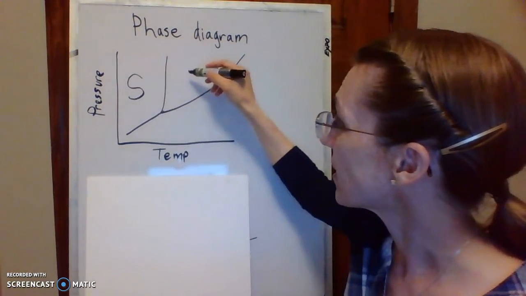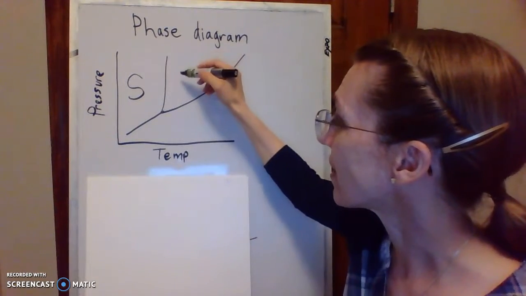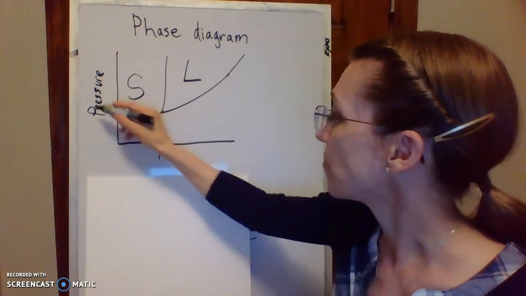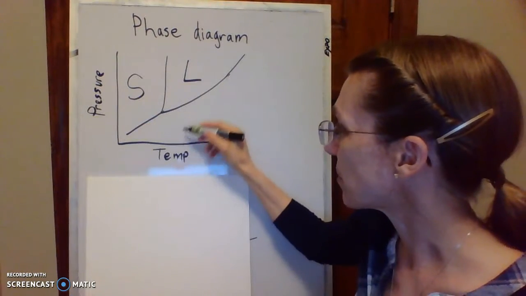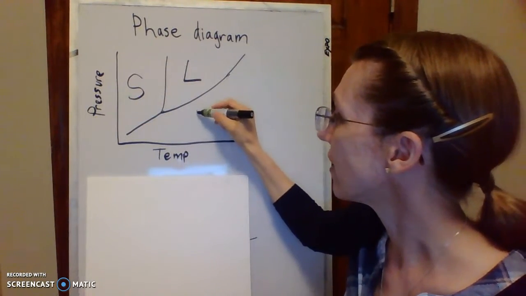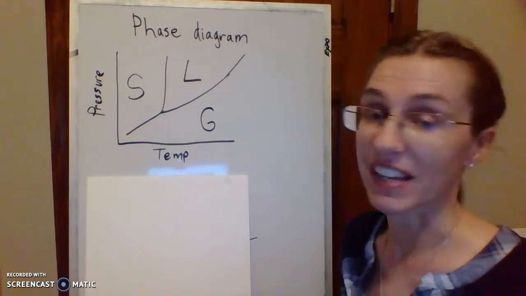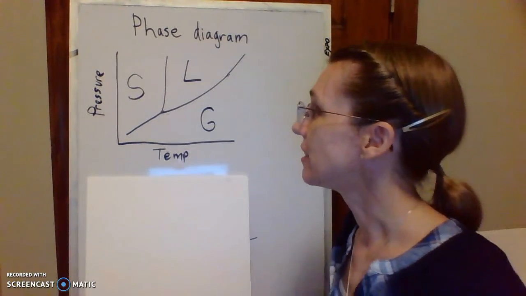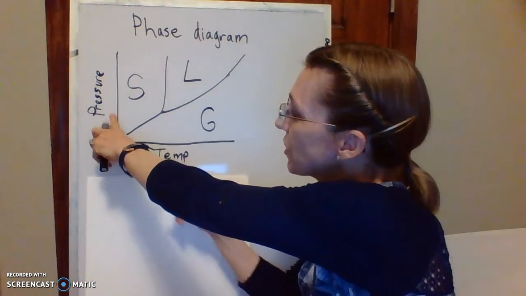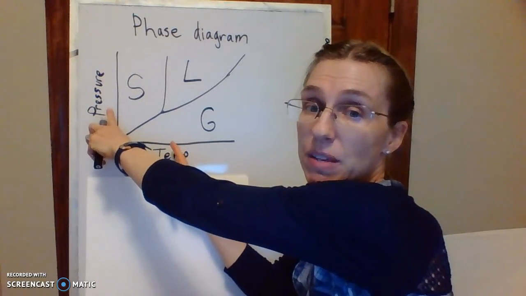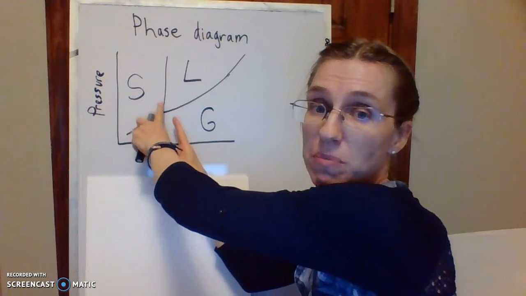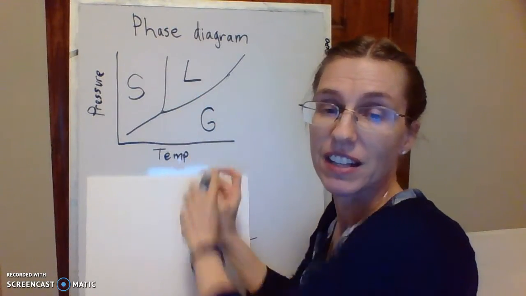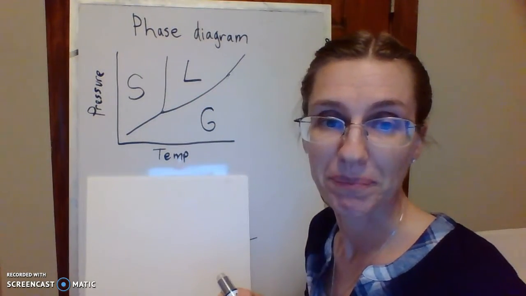If you have a pressure and a temperature and it puts you in this area here, you're going to be in liquid phase. And any combination of the pressure and the temperature that puts you in this area over here is going to be the gas phase. Okay? So from this diagram, you can take the pressure and the temperature of any particular condition, have them meet up, and you can tell which state of matter that substance happens to be at.